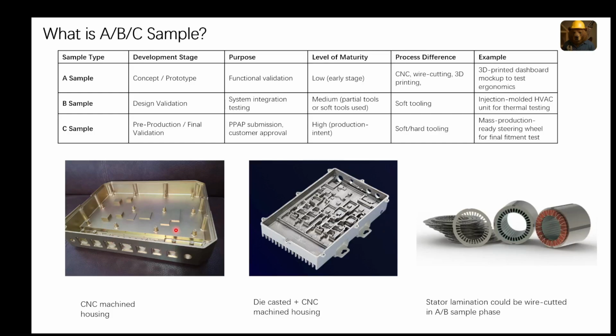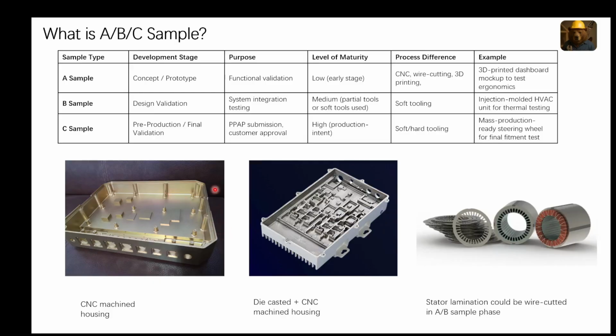The material should be aluminum, and in serial production, this should be die casted like the right one. But at the A sample phase, sometimes B sample phase, they CNC it because the molding, the tooling is very expensive. You don't build the tooling for just 10 to 20 parts.